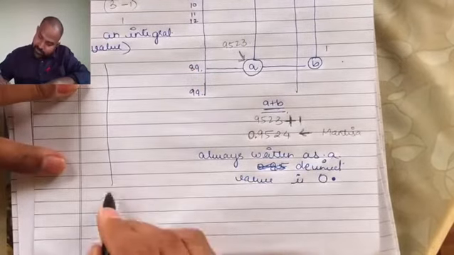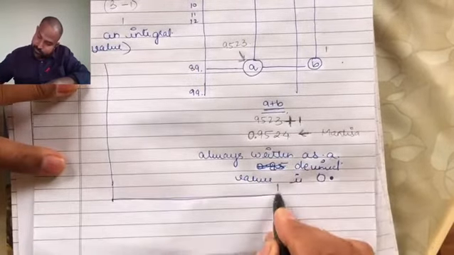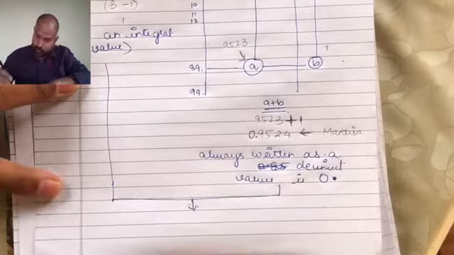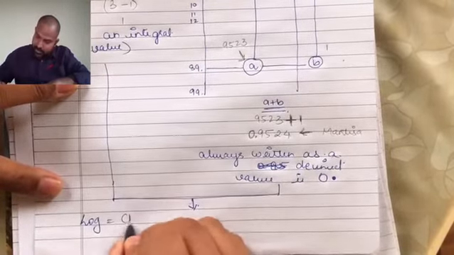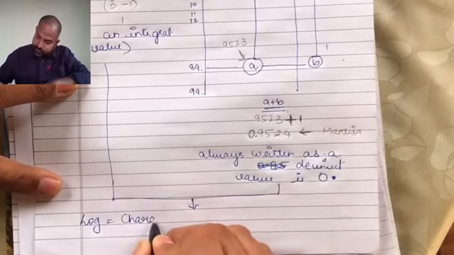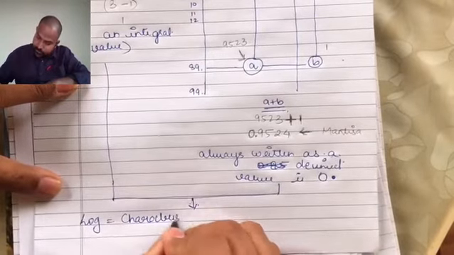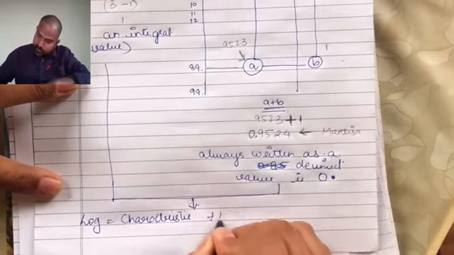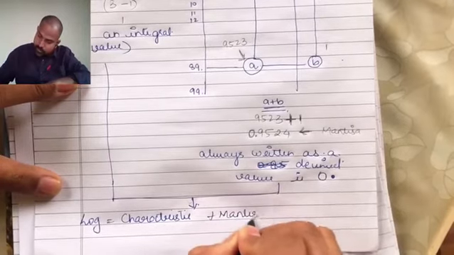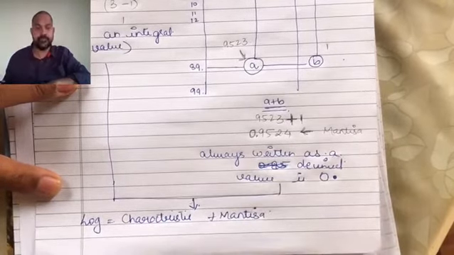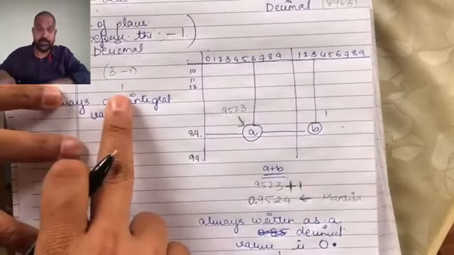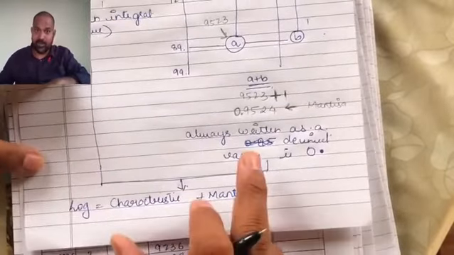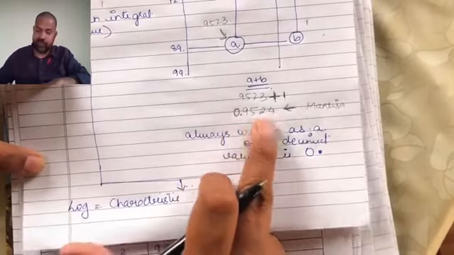And the last bit is that log is characteristic plus mantissa. What was your characteristic here? My characteristic here was 1 and my mantissa was 0.9524.